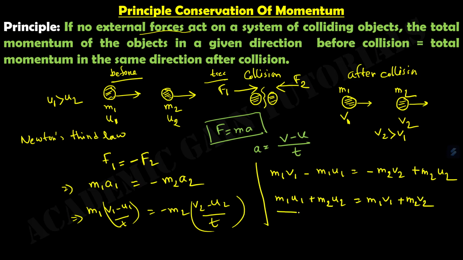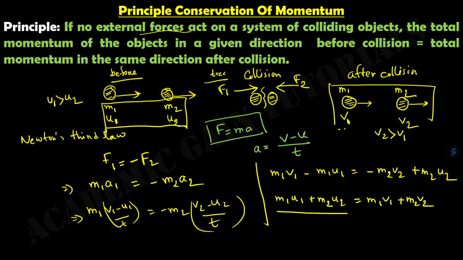So what is this m1 u1 plus m2 u2? m1 u1 and m2 u2 give the total momentum before collision. And m1 v1 and m2 v2 mean the total momentum after collision. So this is the principle that we proved with the help of Newton's third law. If we have to apply the conservation of momentum, we will have to use this formula to solve mathematical problems. So this is known as conservation of momentum.